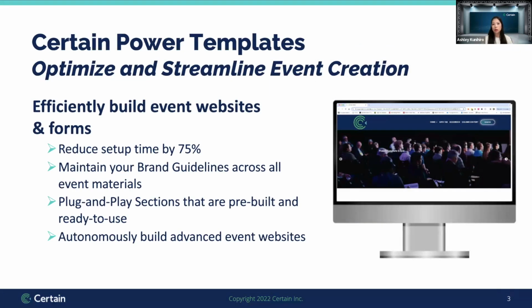So we built Certain power templates to optimize and streamline your event creation to ultimately reduce your setup time and allow you to focus on other things besides having to build your event website. When we created the power templates, we wanted to also keep in mind the importance that every company puts on adhering to brand guidelines.